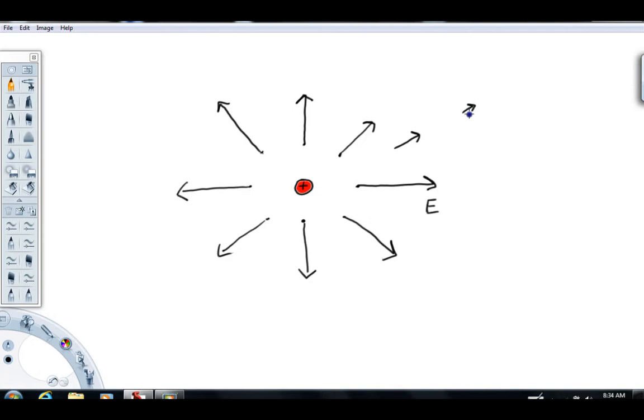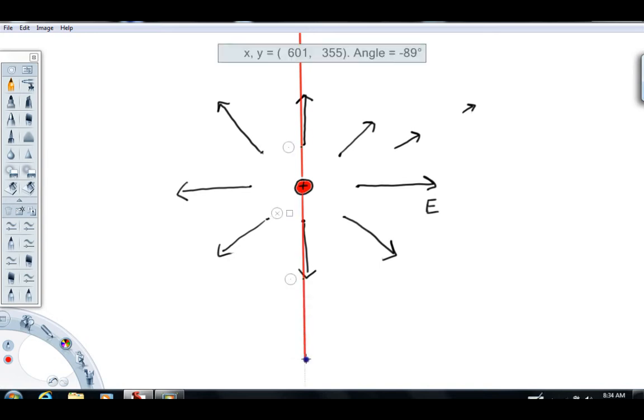Right? So electric field lines are lines that we draw to help us visualize the electric fields. And if I were to draw the electric field lines for this point charge, they might look something like this. I'm going to draw them and then talk about the rules for drawing them. Right? They would look like so.